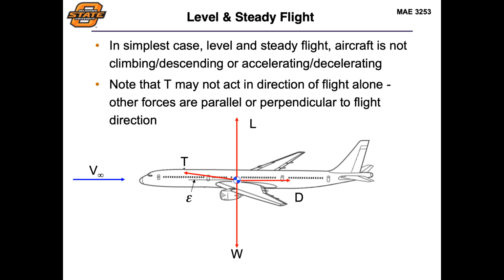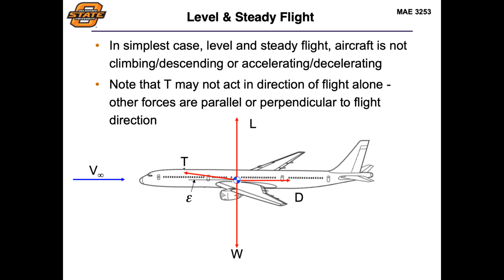Now, the reason that we're looking at our thrust line, which may be offline from that velocity vector, is because as we change the attitude or velocity of our aircraft, we know that we're going to be changing the angle of attack. Obviously, for most aircraft designs, the orientation of how the engines are mounted on the aircraft is not going to change.